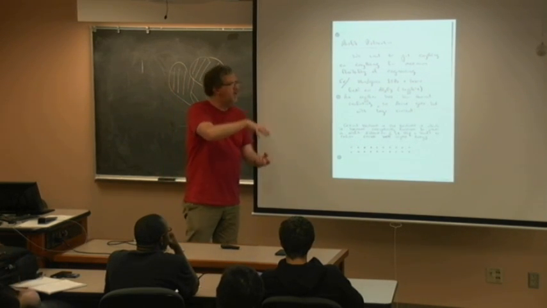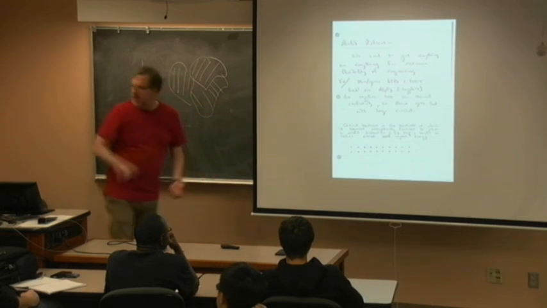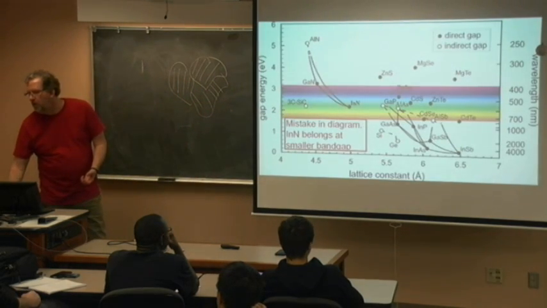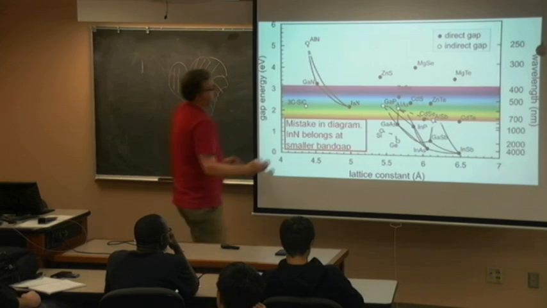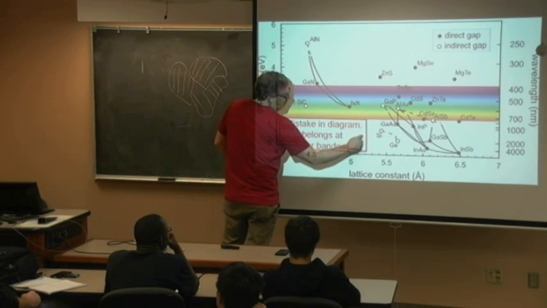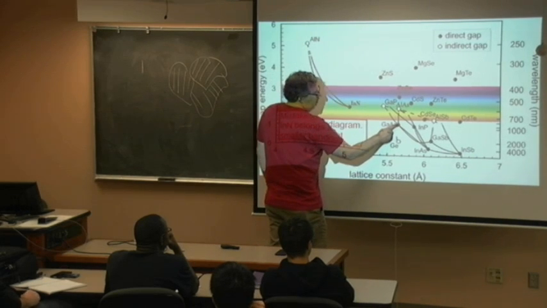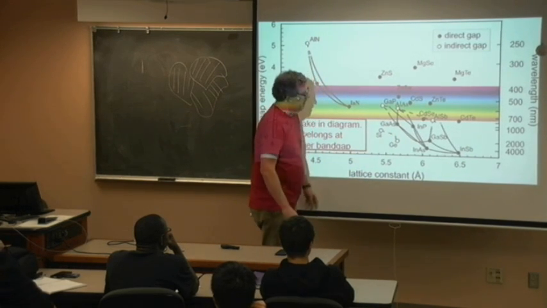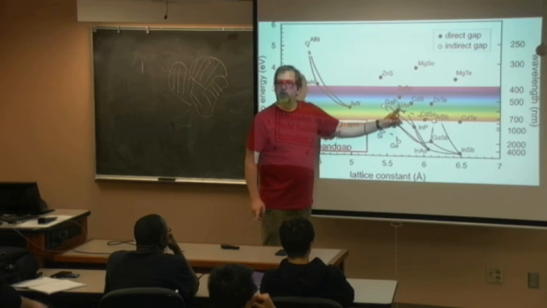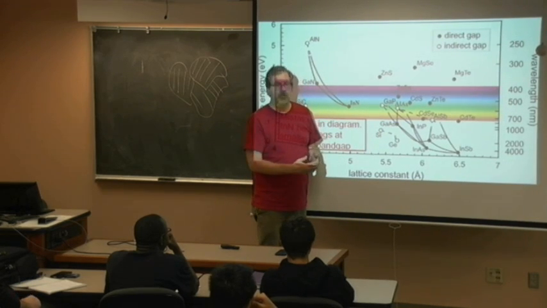I've created some instability, and the taller it gets, the more energy it gets. So if I want to put, actually indium nitride belongs down here. Let me pick on over here. If I want to put gallium arsenide on aluminum arsenide, they're pretty much vertical, so I don't have that lattice matching constraint.